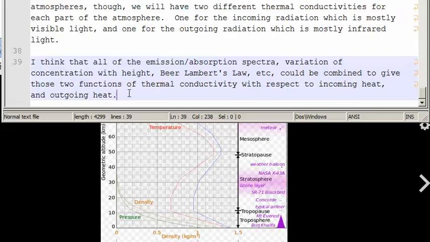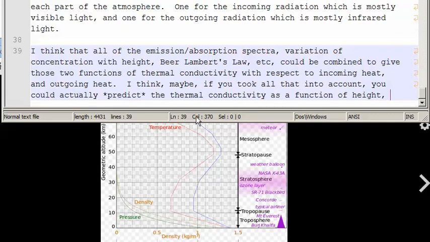I think, in principle, that if you took all those emission absorption spectra of all of the different materials in the atmosphere, carbon dioxide, ozone, methane, nitrogen, oxygen, etc. If you take the variation of the concentrations of those molecules with height, if you take into account Beer-Lambert's law, which talks about how much radiation is absorbed over a distance, an exponential thing, all of that could be combined to give these two functions, basically thermal conductivity as a function of height with respect to the incoming heat and the outgoing heat.